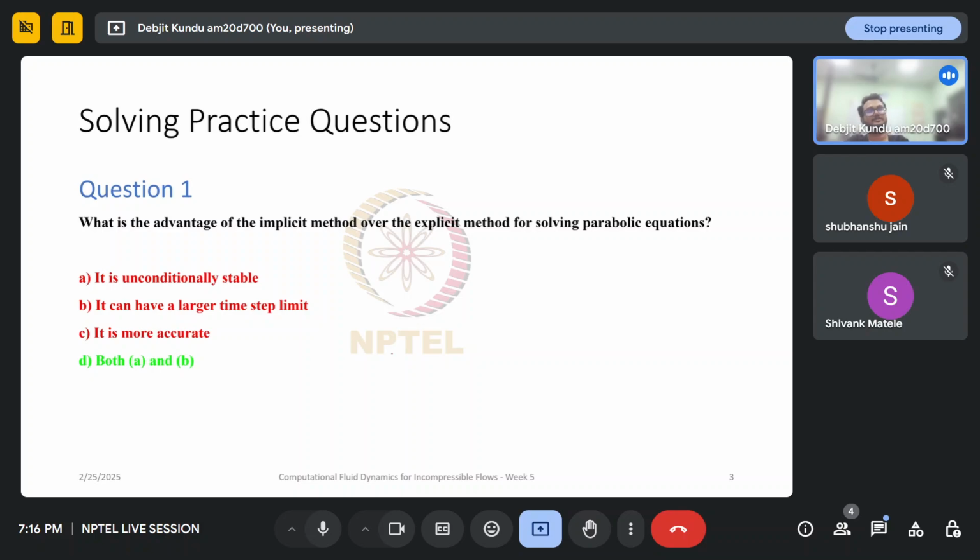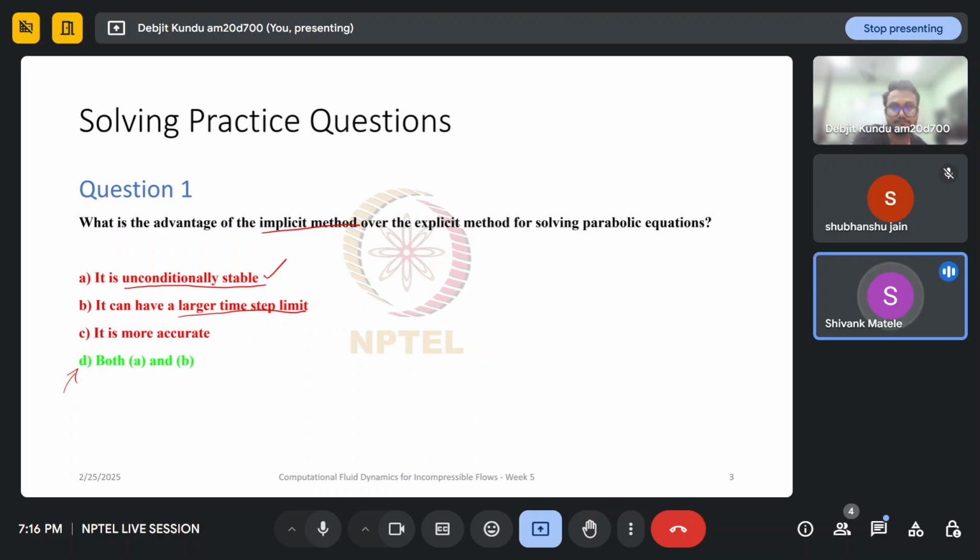It's actually D, both A and B. All implicit methods in general are unconditionally stable. This is true, and being unconditionally stable allows you to have a larger time step limit without thinking about the stability of your problem. So the correct answer should have been both A and B.